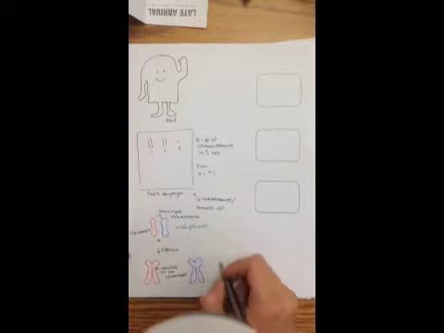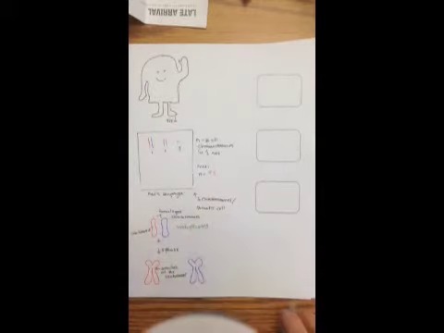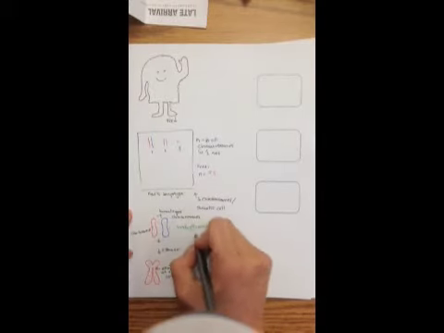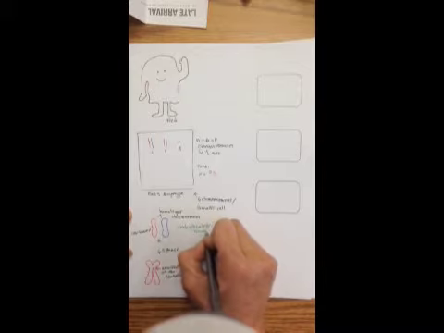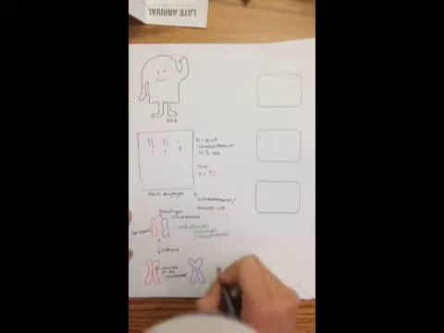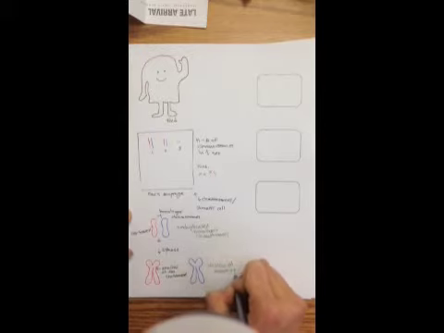So what we say is these are unduplicated homologous chromosomes. And these are duplicated homologous chromosomes.